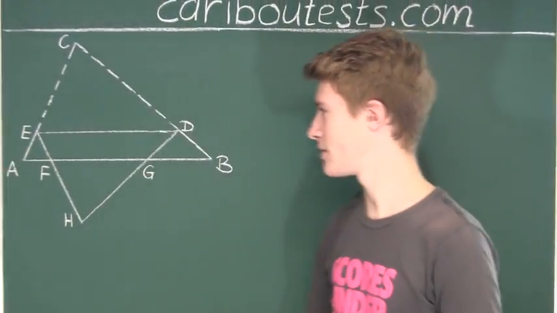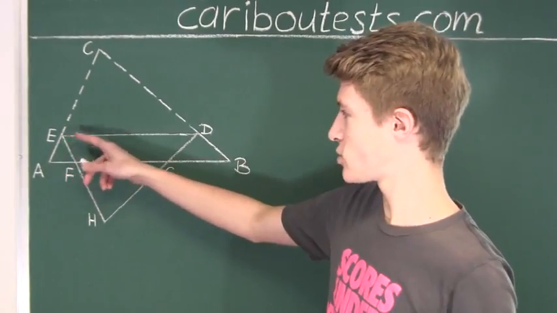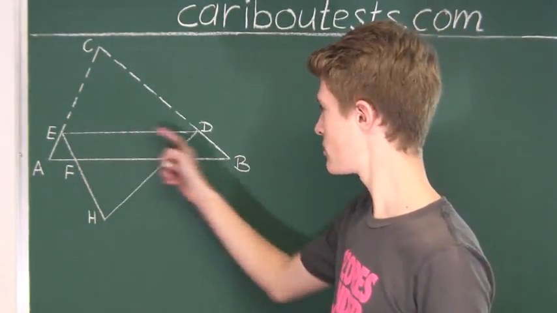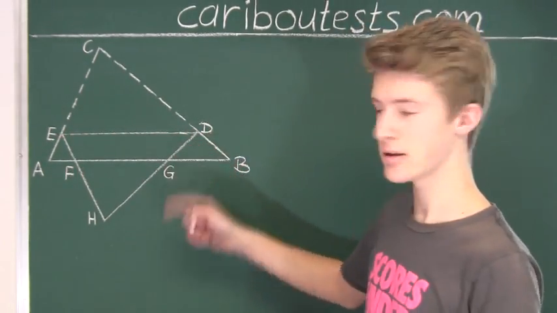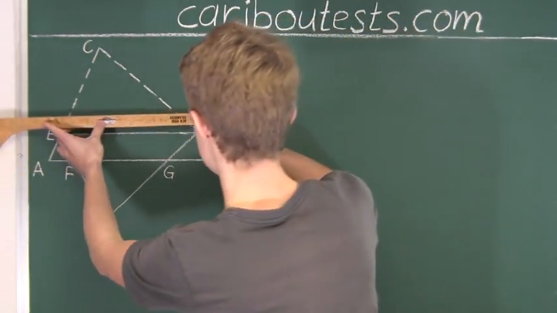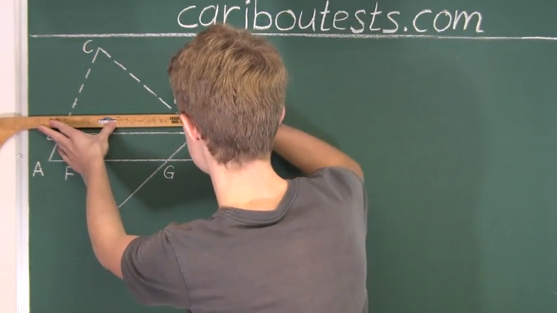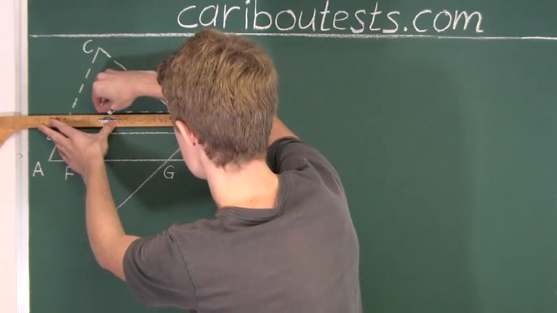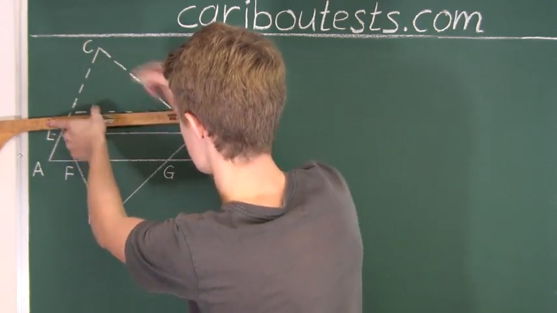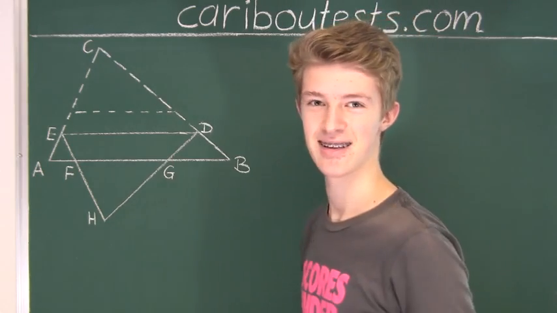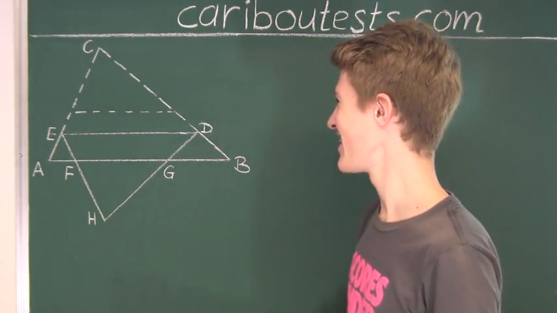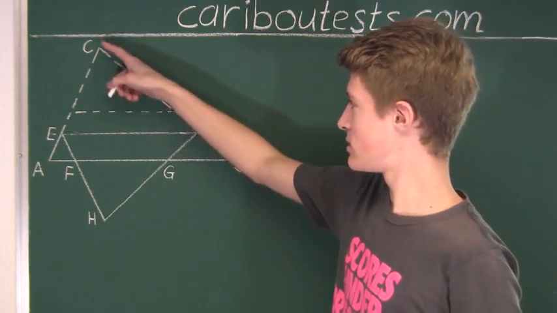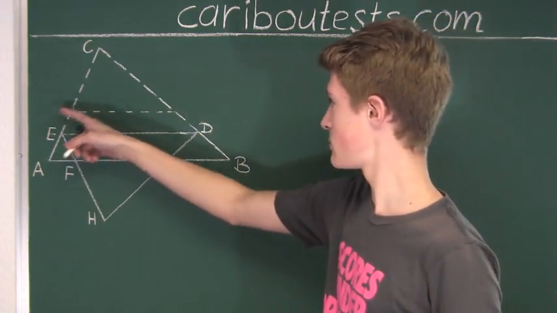Alright, let's look at the diagram. So we know we have the shape, the trapezoid E, F, G, and D. And we know that if we mirror this shape above the line ED, then it'll look something like this. Okay, so now we know that this triangle is C, and we must name two more points.